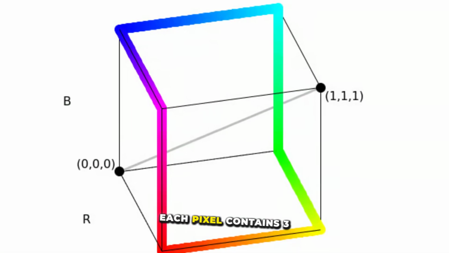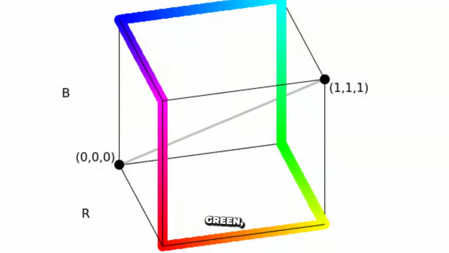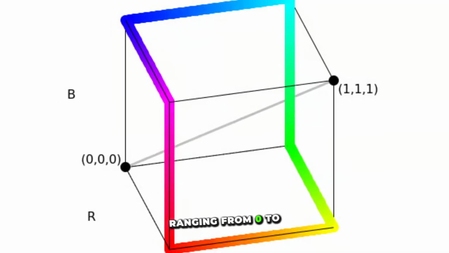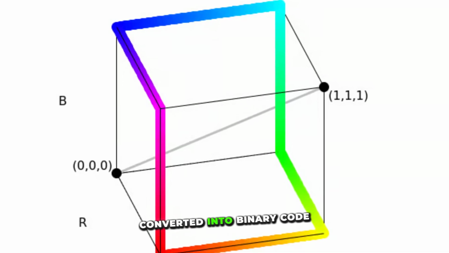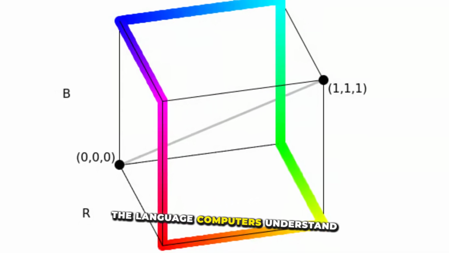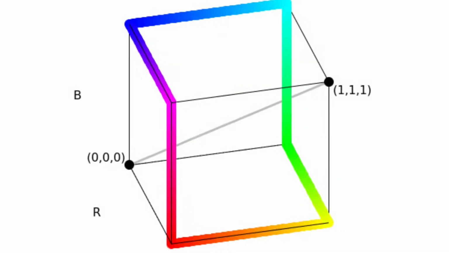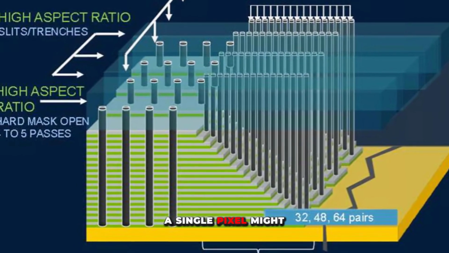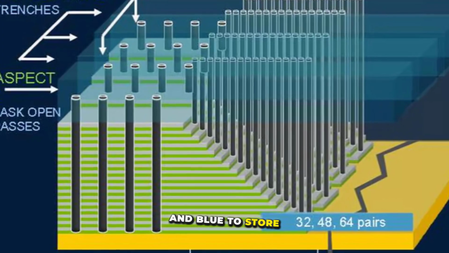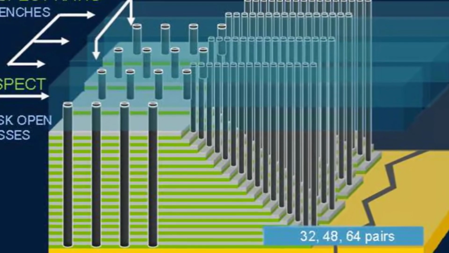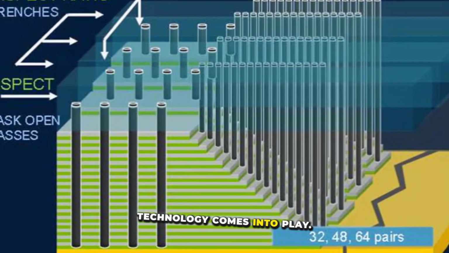Each pixel contains 3 values, red, green, and blue, ranging from 0 to 255. These numbers are then converted into binary code, the language computers understand, consisting of ones and zeros. For instance, a single pixel might require 24 bits, 8 bits each for red, green, and blue, to store its color information.